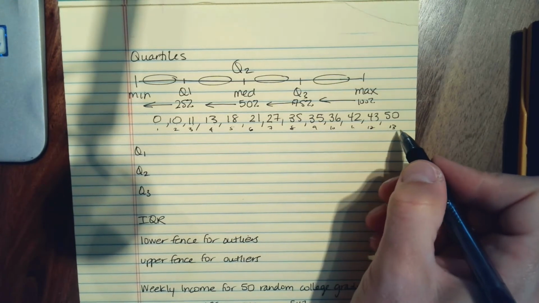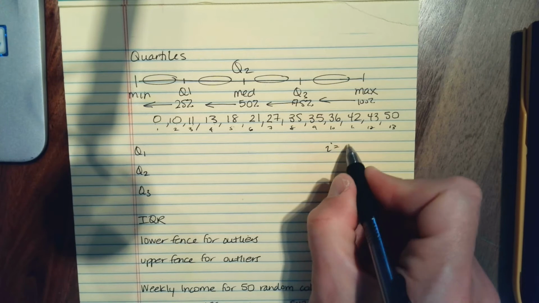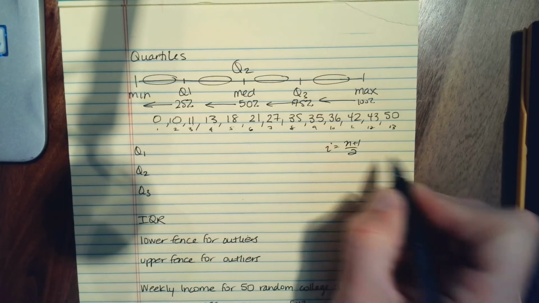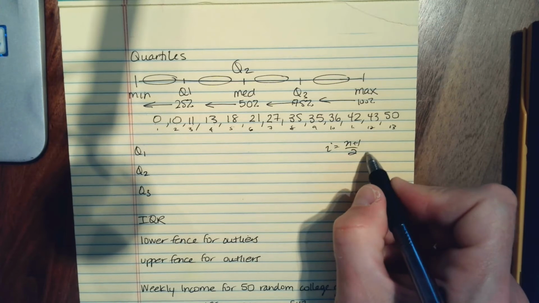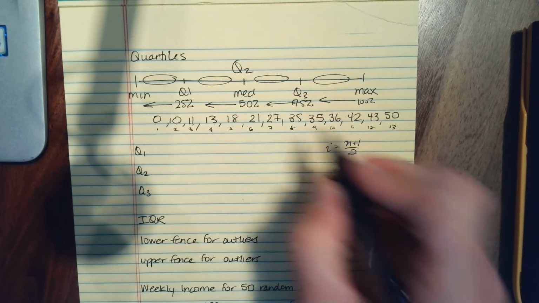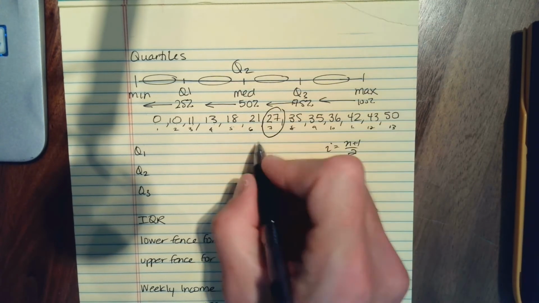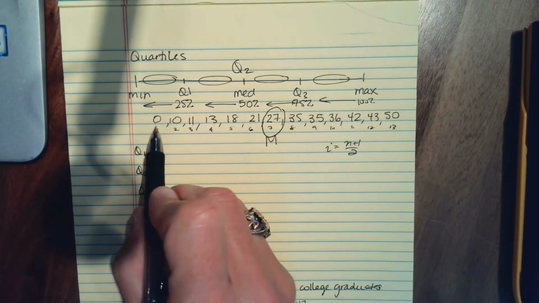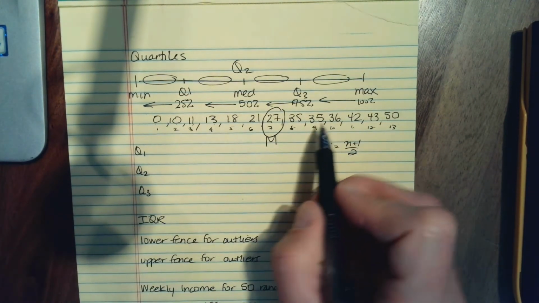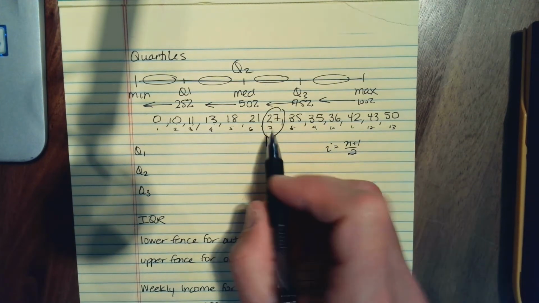This is an odd number. You may remember that if we look in position (n plus 1) over 2, we can locate our median. So this would be 14 over 2, which is 7. So look in position 7. This is our median, which we denote with a capital N. There are 6 values below that and 6 values above that.